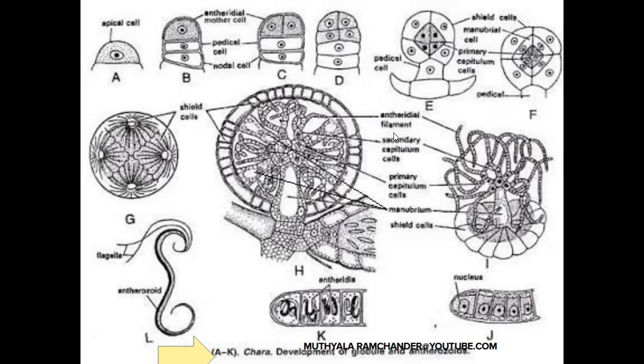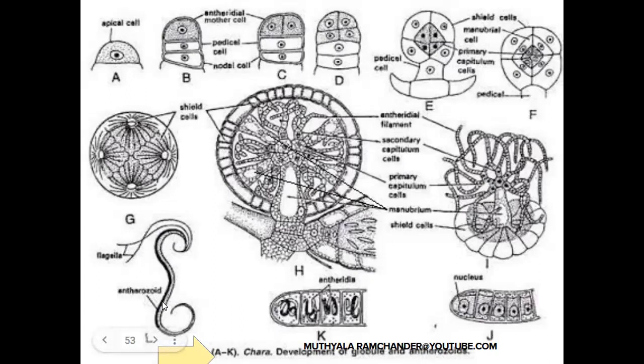Each antheridial filament looks like a ribbon-like structure. It is composed of many cells. In each cell, one haploid nucleus is present. The haploid nucleus develops into a male gamete. The male gamete is spiral in shape. The male gamete contains one haploid nucleus and 2 equal flagella. These are also called antherozoids.